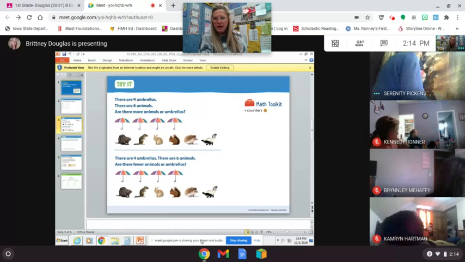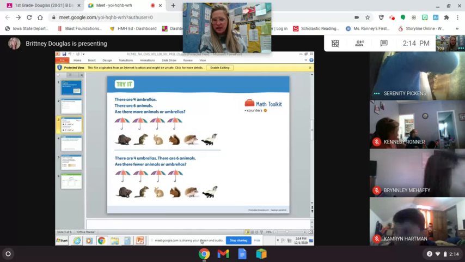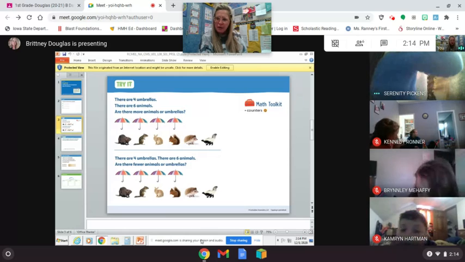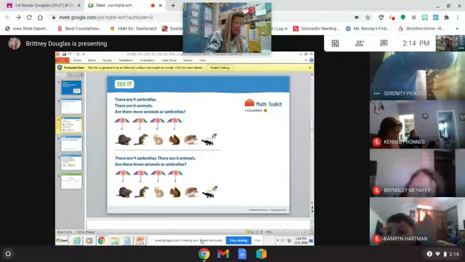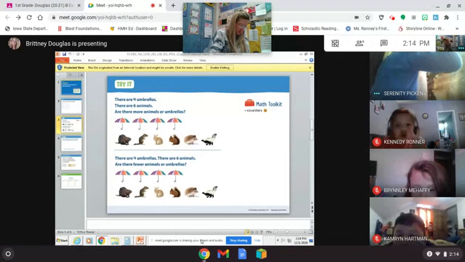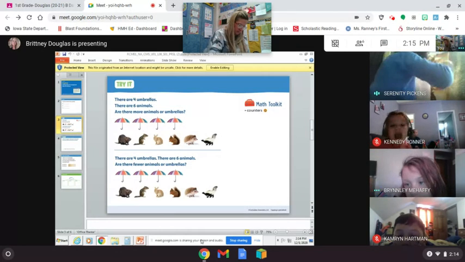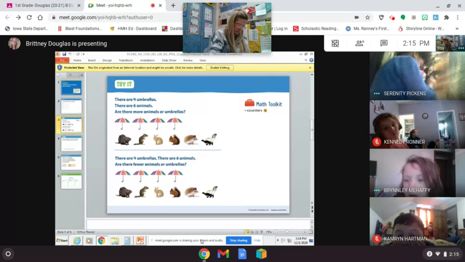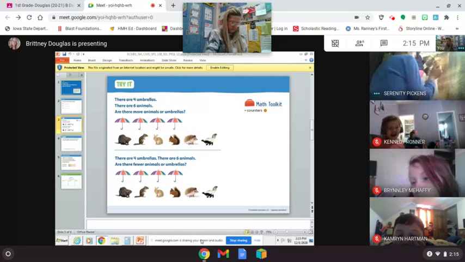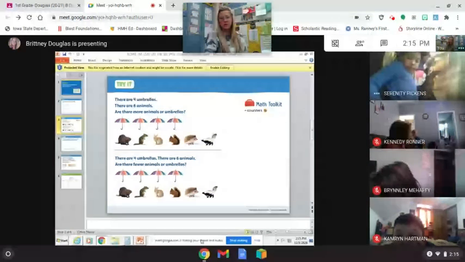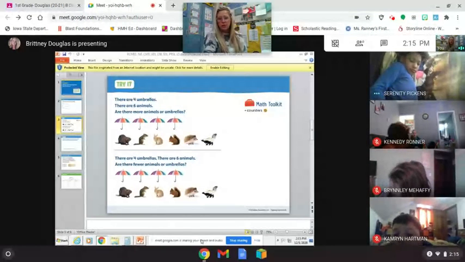So if we are making this a subtraction sentence, the bigger number, 6, take away the smaller number, 4, what would be left? How many animals were without an umbrella, Brinley? 2. Good. You're right, 2. 6 minus 4 equals 2.